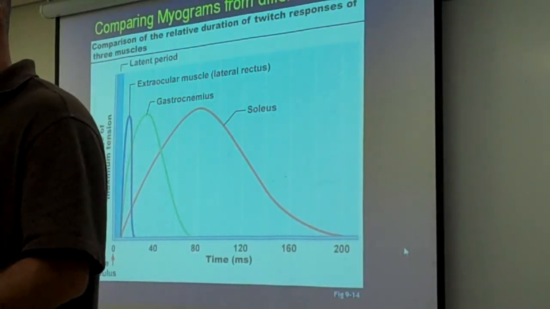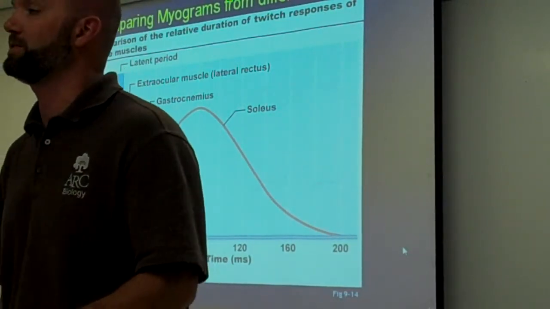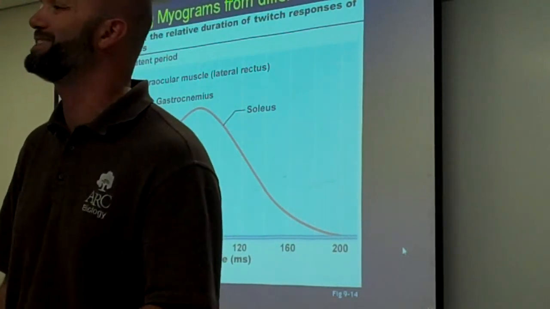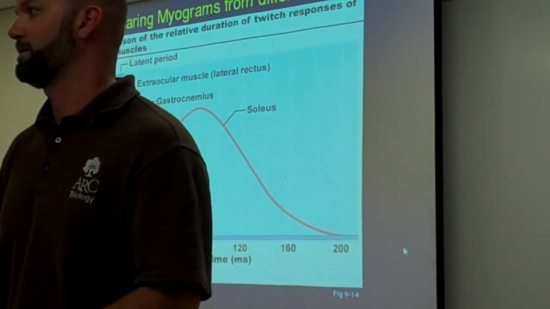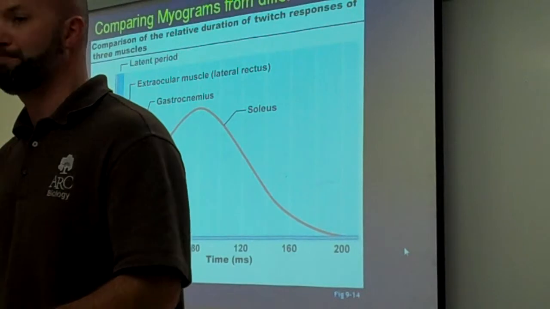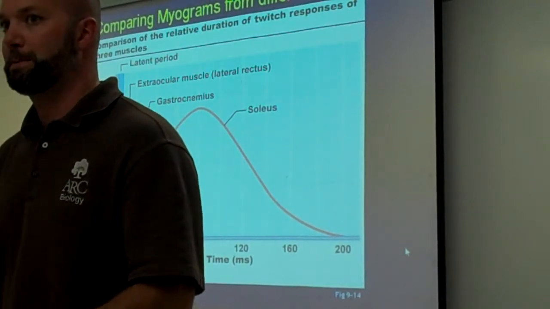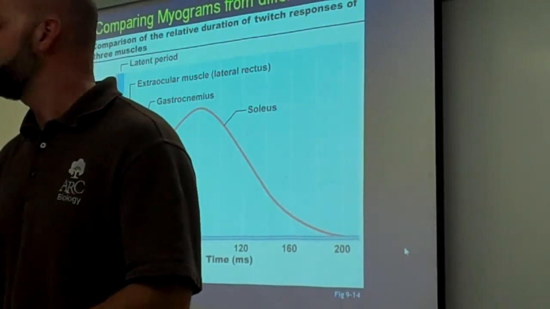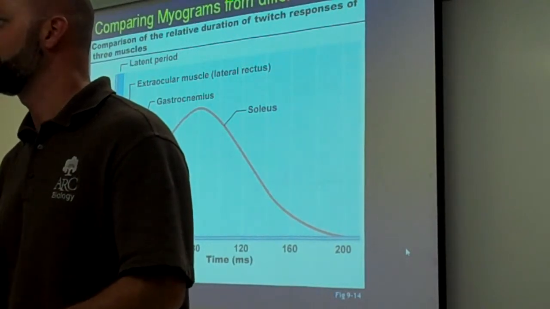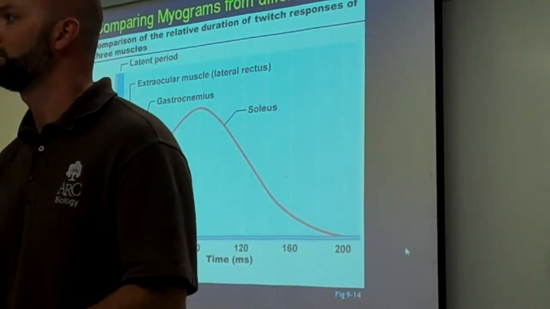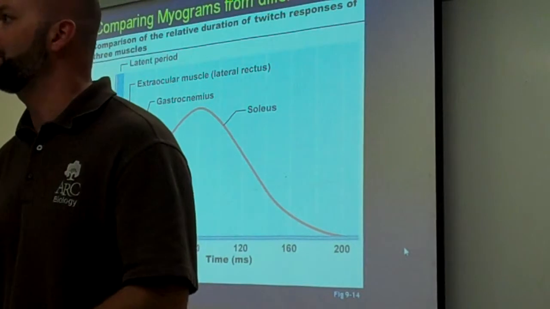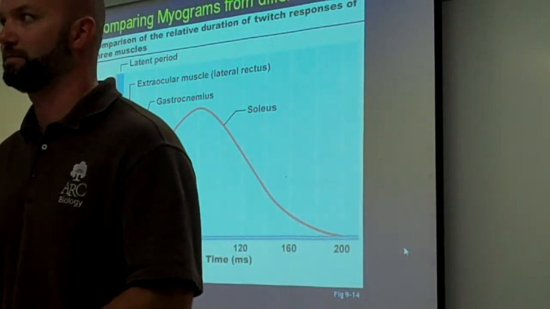If you're fatigable, you're no good for prolonged exercise. So why are these guys fatigue resistant? The slow twitch. How do they make most of their ATP? Aerobically, which means they don't have to generate much lactic acid.